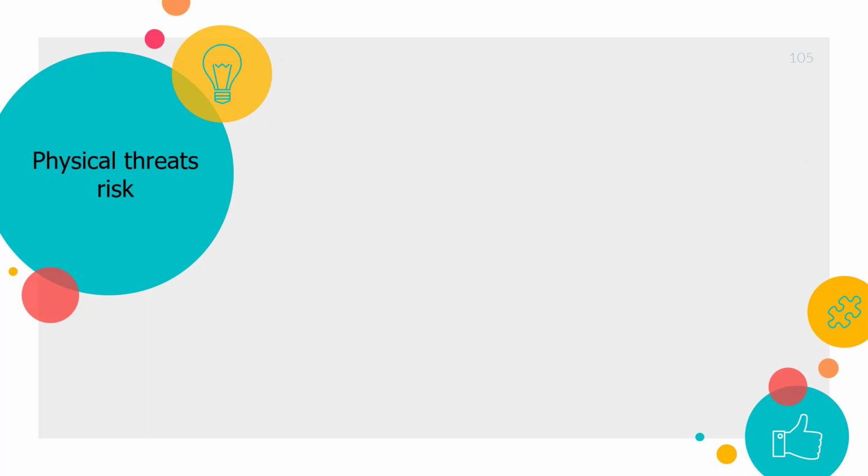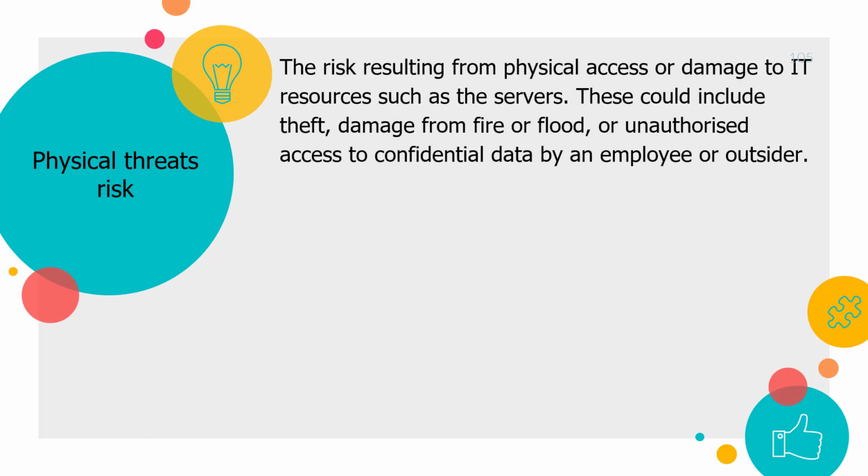Physical threat risk, which is the risk resulting from physical access or damage to IT resources such as the servers. These could include theft or damage from fire or flood, or unauthorized access to confidential data by an employee or outsider.